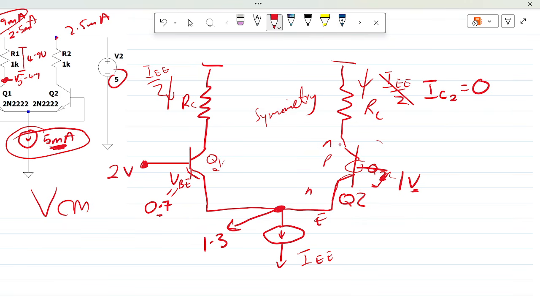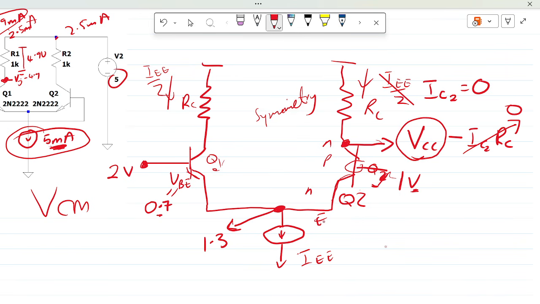And if IC2 is 0, what's going to be the voltage at this point? The voltage at this point has to be VCC minus IC2 RC. But since IC2 is 0, all this is 0, and the voltage should just be equal to VCC. And the rule that IC1 plus IC2 should be equal to IEE still remains. So that means IC1 would have to be equal to IEE.